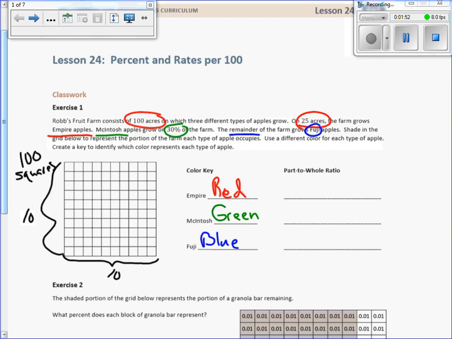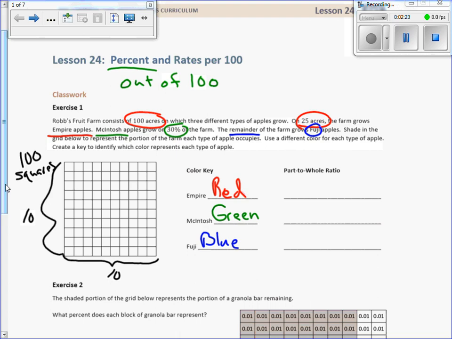If we're talking percent, the word percent means out of 100. And so if we have 100 acres total, then each one of these little squares is an acre.